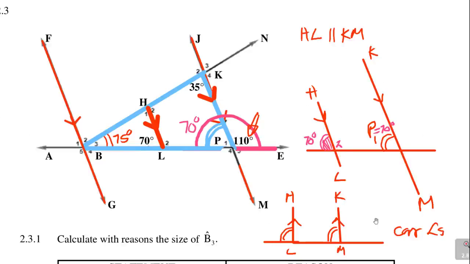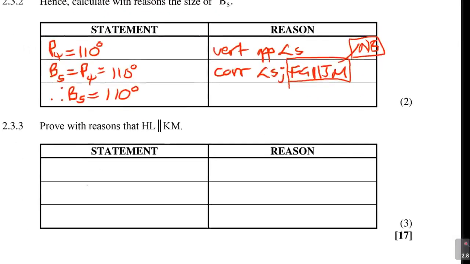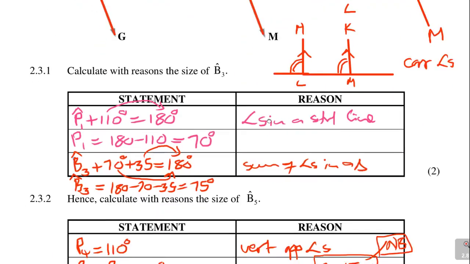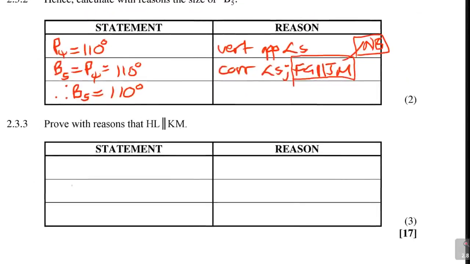But how do you now write this statement? So you start by saying here, P1. Was it P1? Let's identify. Yes, P1. You can even recalculate P1. You can just say angle P1 is equal to 180 minus 110, and then you're going to say angles in a straight line, which is equal to 70 degrees.